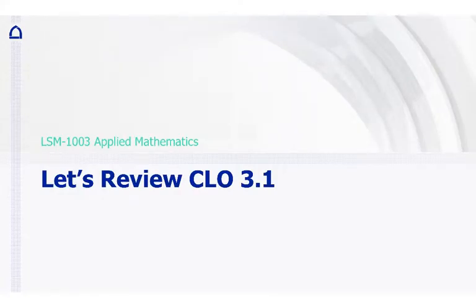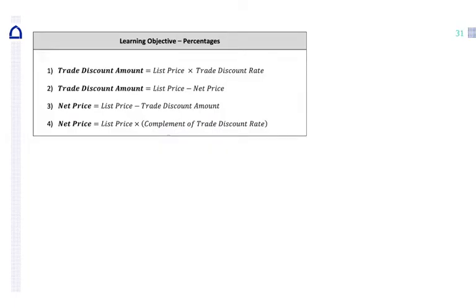Okay, so let's review all the ideas that we've talked about so far from CLO3.1. And before we do a few more examples, I have 3 more examples, I wanted to pull up the actual formula sheet. It's very wordy, so I will kind of summarize it the way I've been using it. The first formula that is given to you is that the discount amount is the list price times the discount rate.